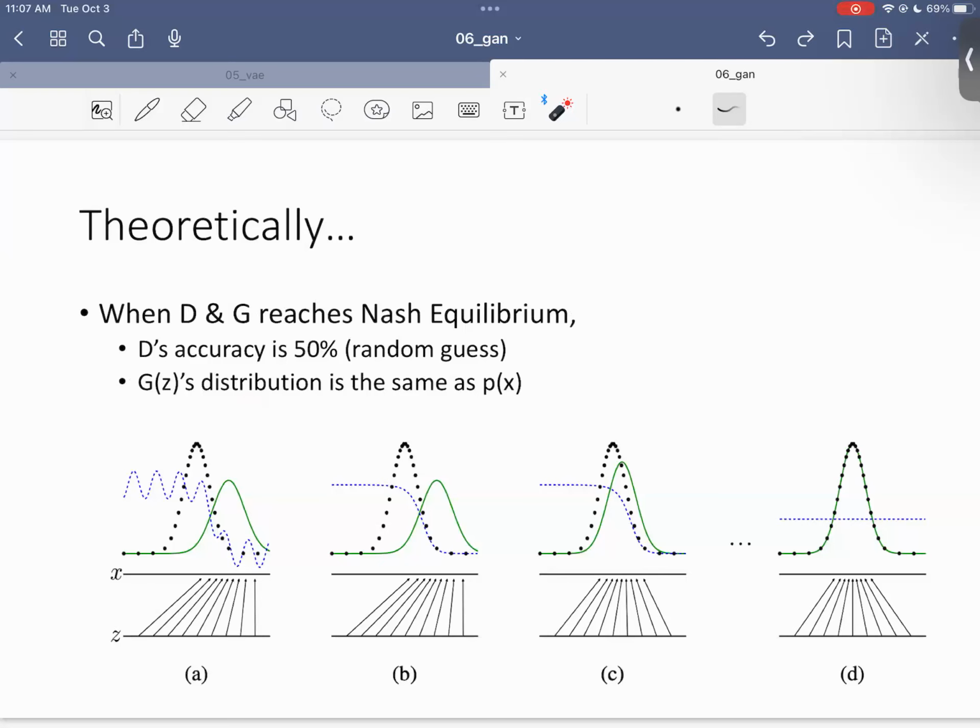And the green line here is what Z is currently at, it's G(Z). So maybe I can mark this is PX, this is G(Z). And this blue dotted line here is the decision boundary between the two.